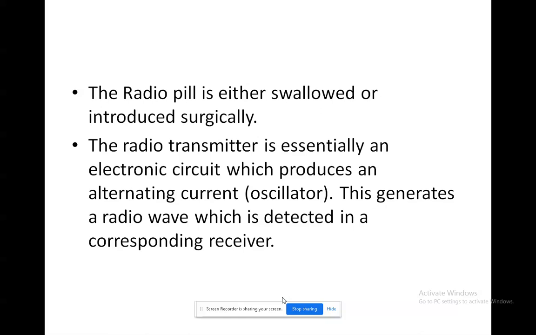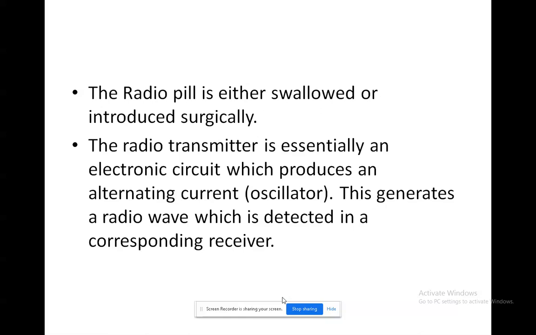The radio transmitter is essentially an electronic circuit which produces an alternating current. The radio transmitter holds an oscillator device which produces the AC current. So the AC signal will be produced by the radio transmitter because there you have an oscillator.